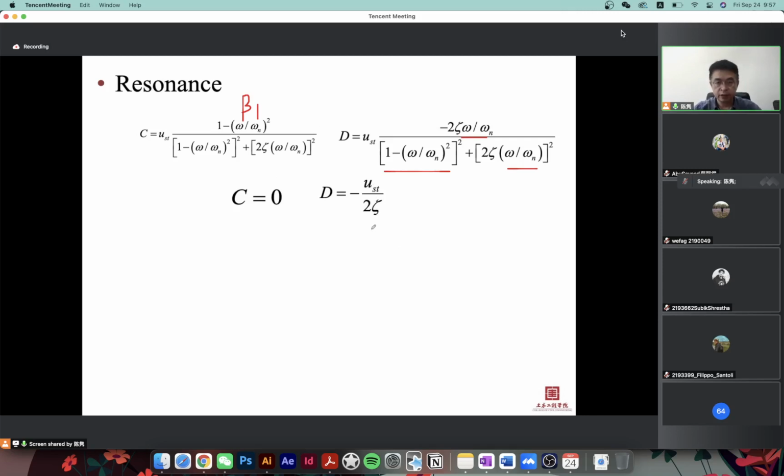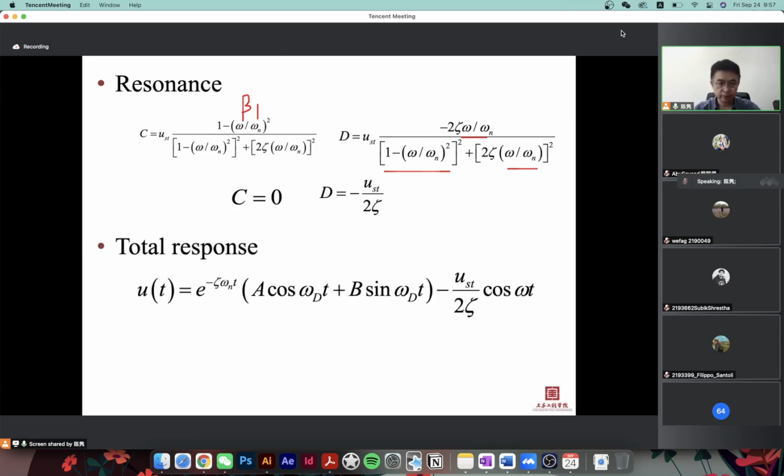So this is the resonance case. At resonance, we have the values for C and D like this, and here you know the total response at resonance. Because the expression of C and D is simple for the particular solution, you can solve for the A and B values. Just now I said that for the normal case, omega does not equal omega n, and you have C and D here.